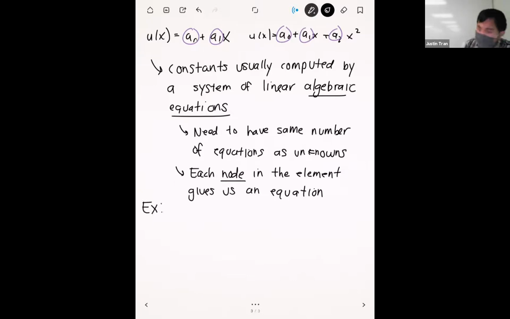And so that's kind of the reason why, if you have a quadratic element, those elements are going to have a lot more nodes to them because they require a lot more equations in order to solve for the constants. Okay, and so let me show you how, for a linear 1D element, we solve for those constants.